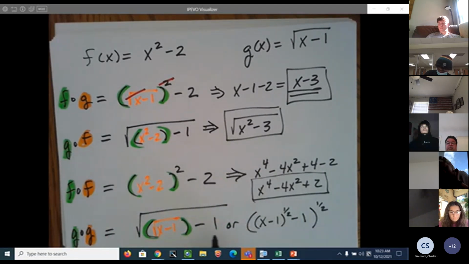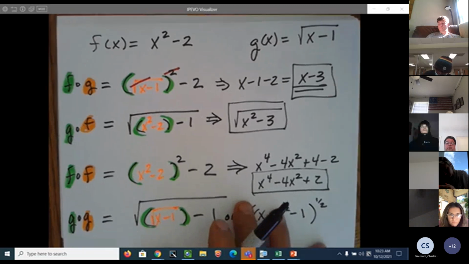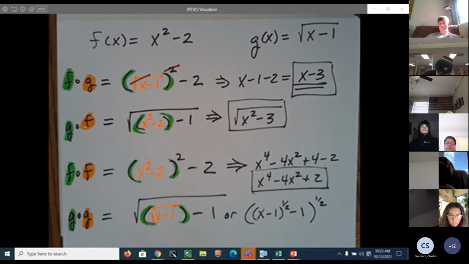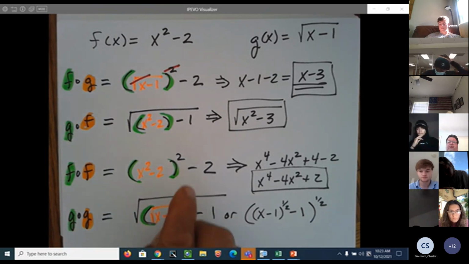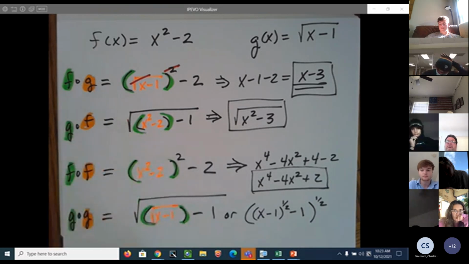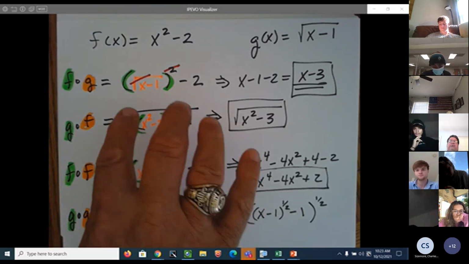There's nothing really you can do here. And I guarantee you there's somebody in this room that when you had compositions, you didn't know what to do. That's how you do it.